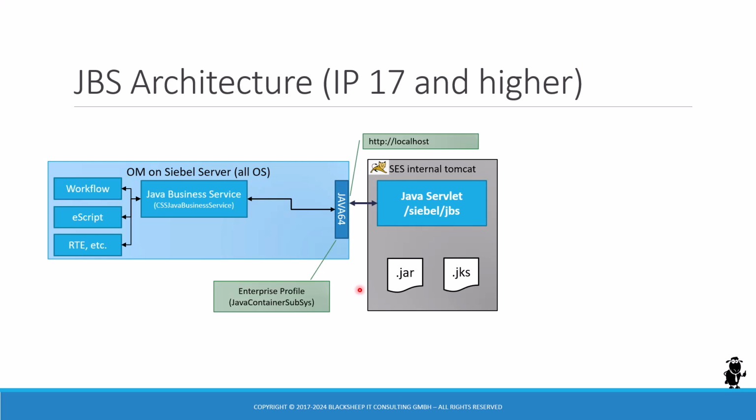So it's just a simple HTTP call, no HTTPS, to the localhost, followed by the port number that the internal Tomcat is listening on for HTTP, and Siebel/JBS. That is actually the endpoint address, if you will, of a Java servlet that Oracle provides.